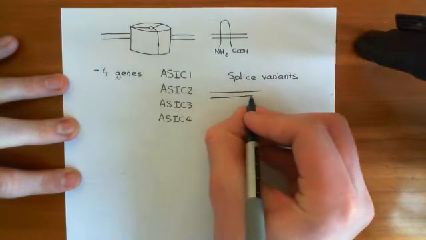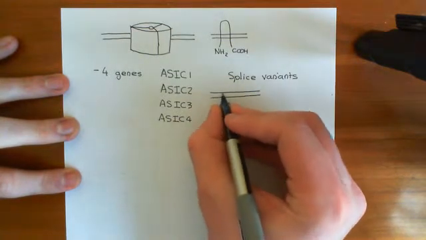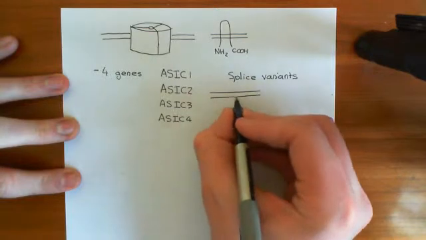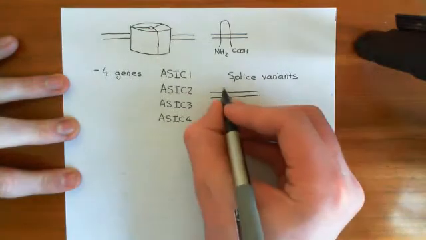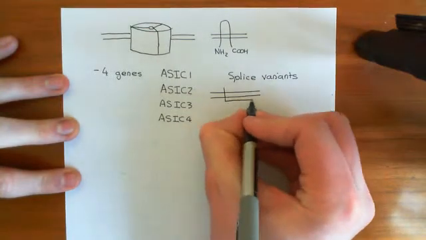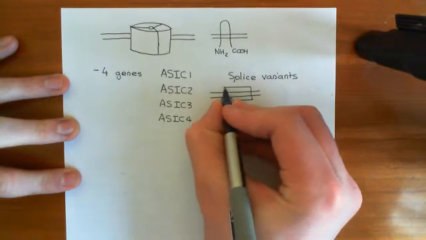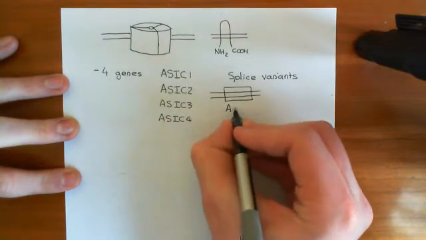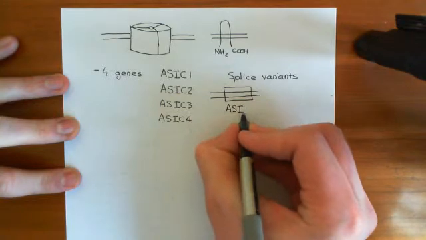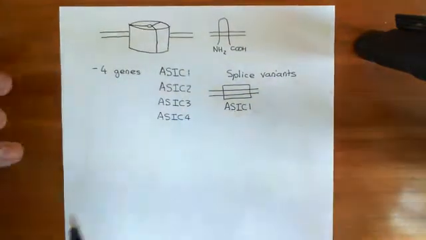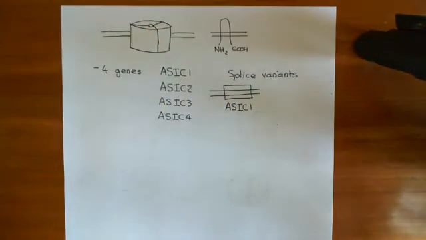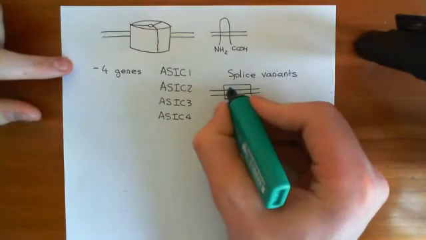So, let's say this is the double-stranded DNA. So we've got 1 strand here and the complementary strand of DNA here. And let's say we have a gene for, well, let's say this is ASIC 1. So this is the gene for ASIC 1. Now, basically, only one of those 2 strands will actually be used by the RNA polymerase enzyme in order to produce a strand of mRNA from.